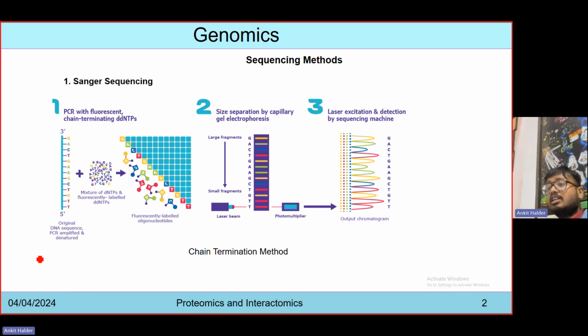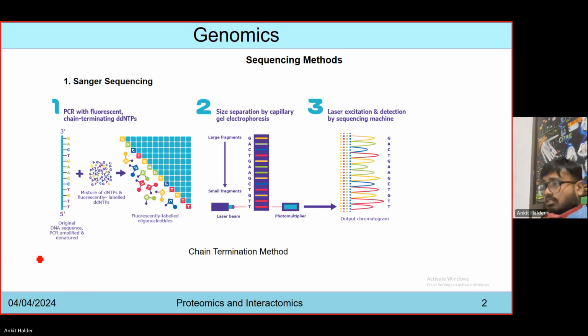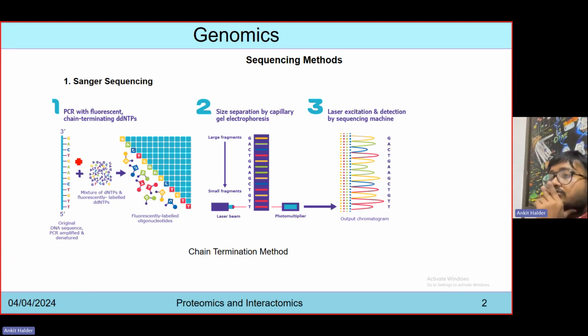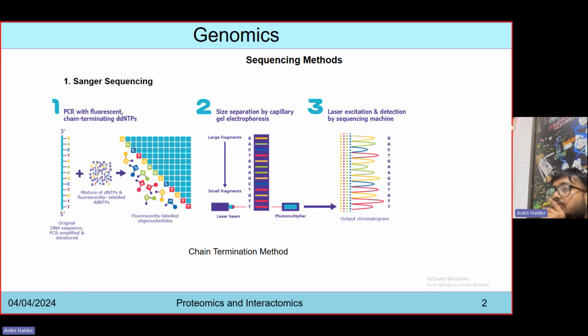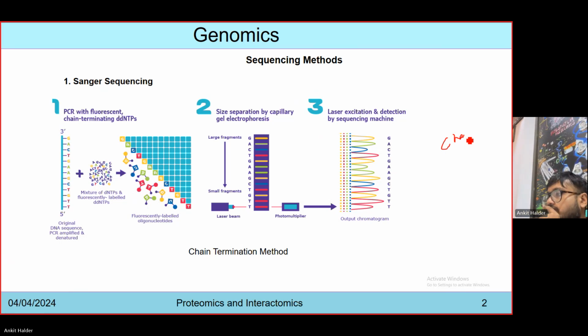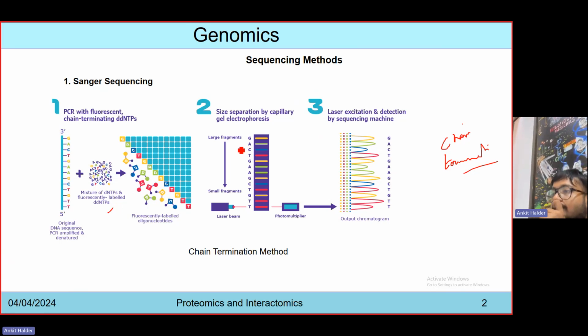So what we are doing is sequencing by terminating. This is also known as the chain termination method. What it does is that you are mixing dNTPs and fluorescently labeled ddNTPs.